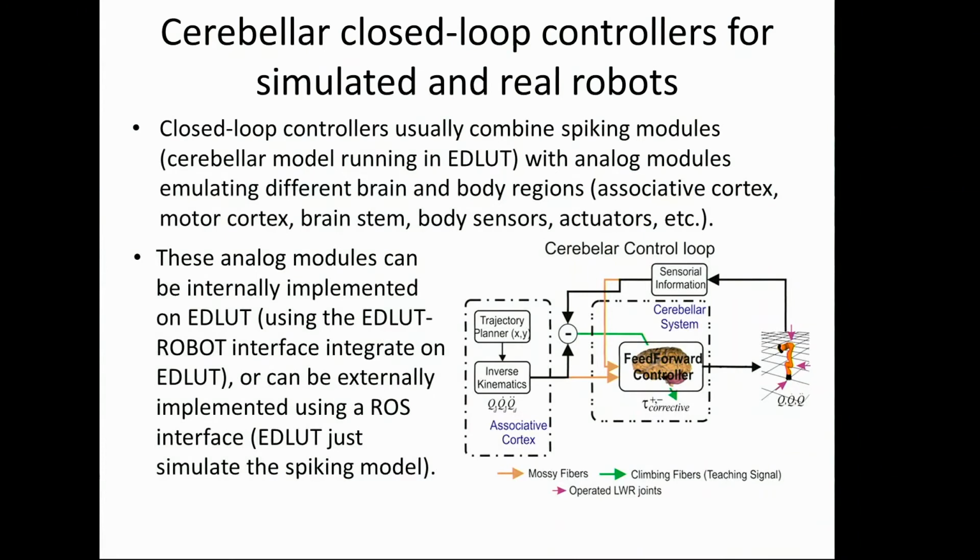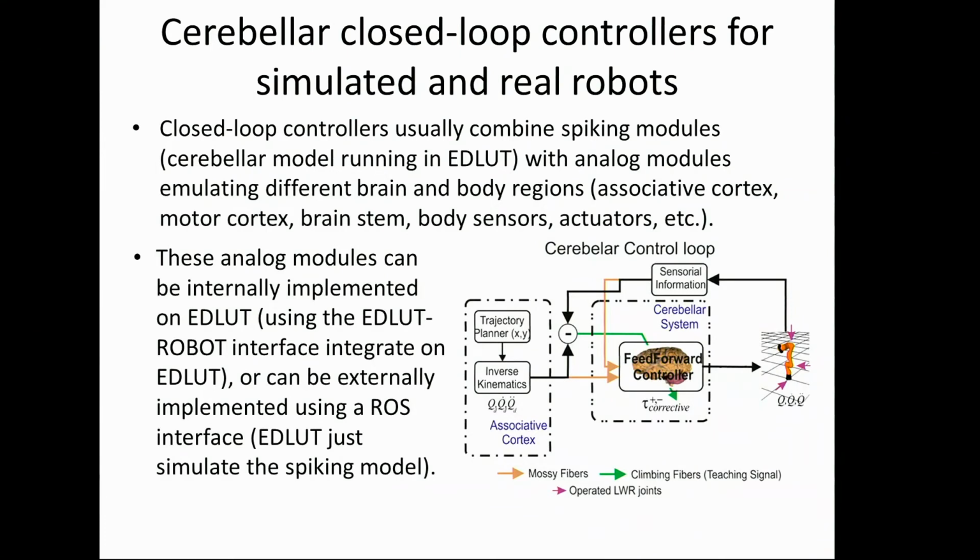Well, as Egidio told yesterday, this kind of cerebellar closed-loop controller always combines a spiking module, for instance the cerebellum, but also a lot of analog modules that emulate different body regions, such as associative cortex, motor cortex, brainstem, body sensors, and so on.